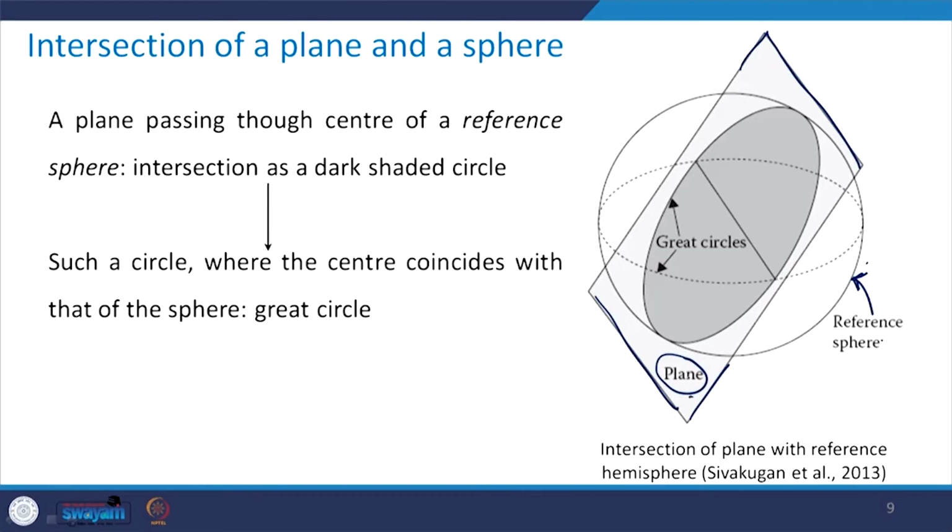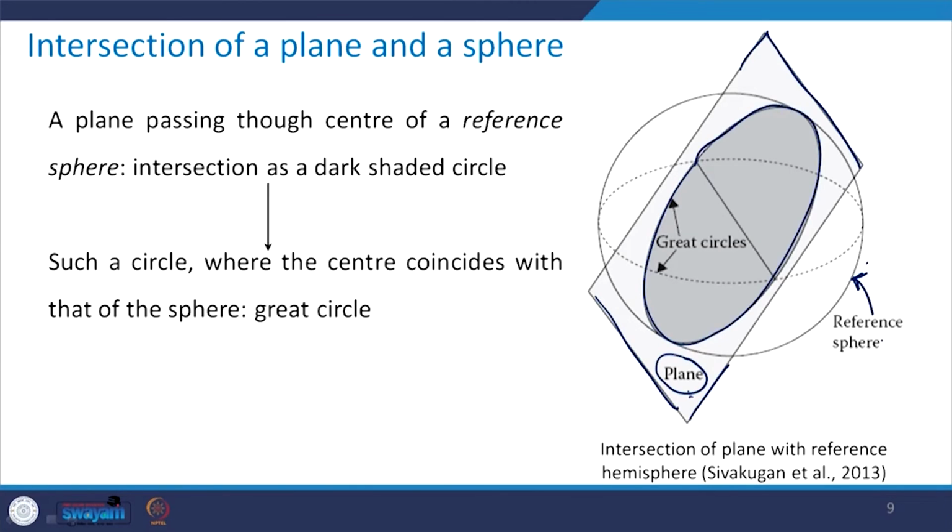How does that intersect? A plane which is passing through the center of the reference sphere, that plane is passing through that center, and that is given by this dark shaded circle. You see this one.